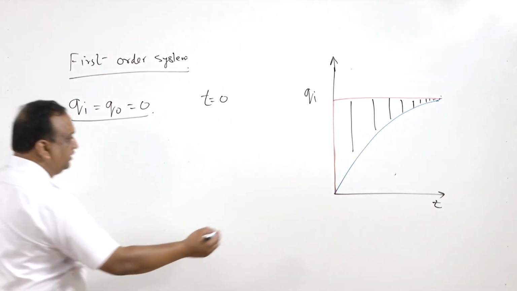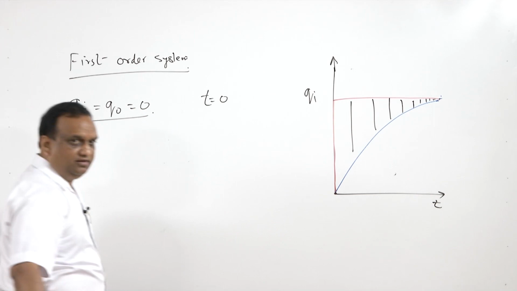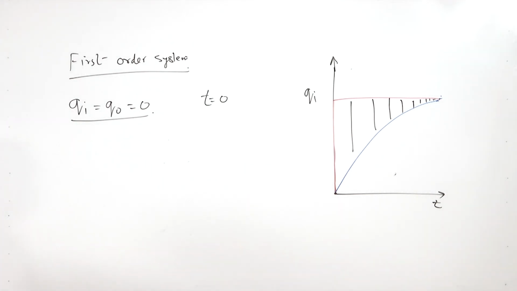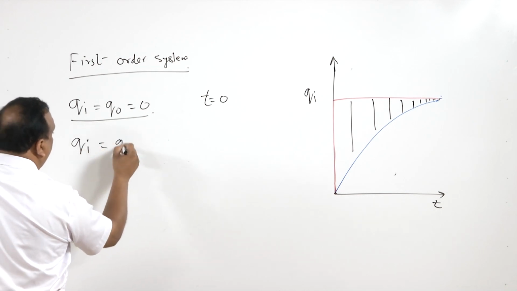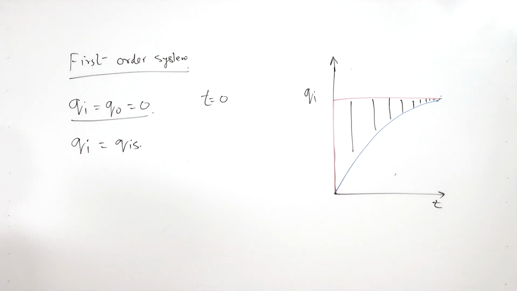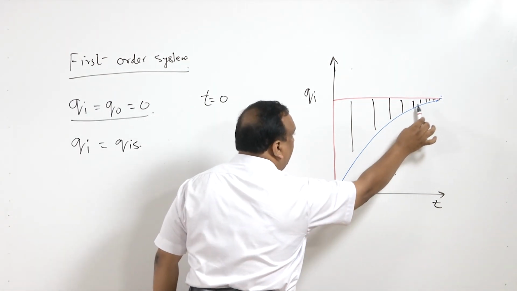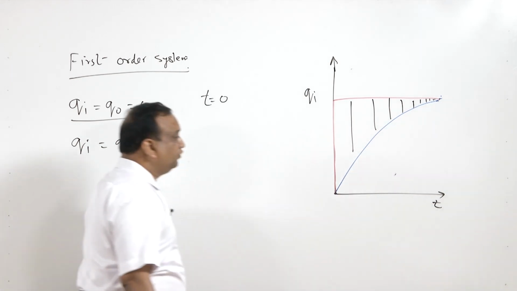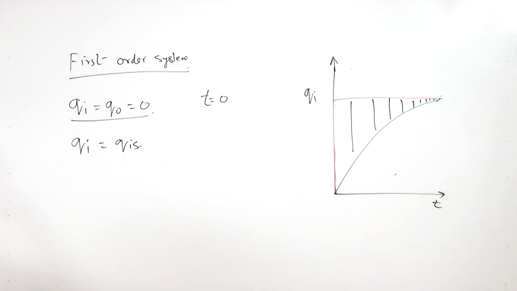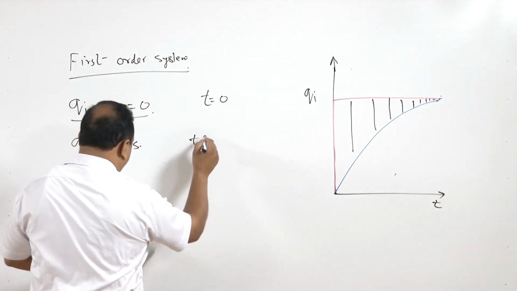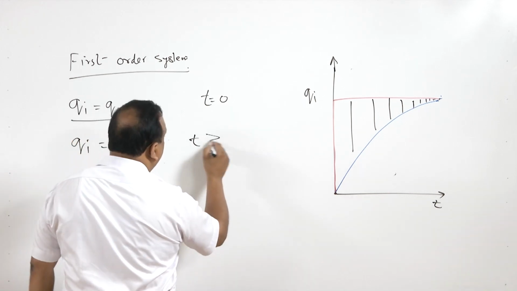So we are somewhere here. Now with time, input has increased to QIS. But output is not increased to QIS. Output will start increasing, and after a certain time interval, it will become close to the input. Because this is a first order system, this case is t greater than or equal to 0.